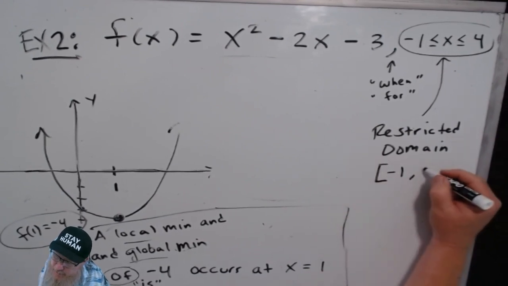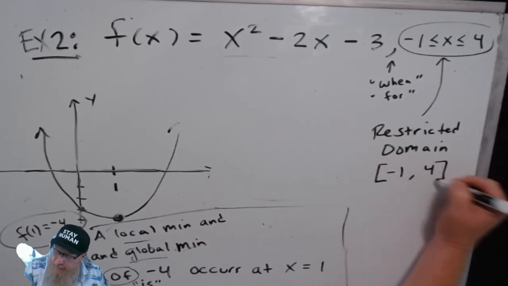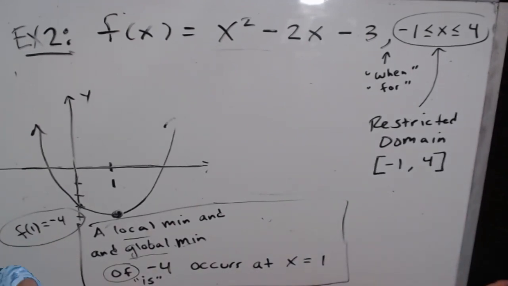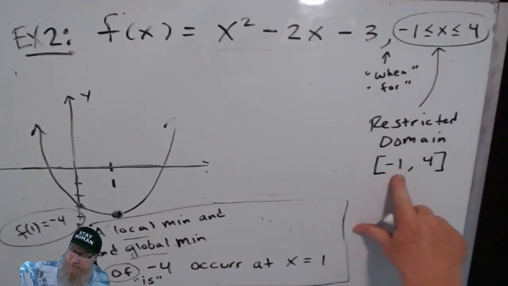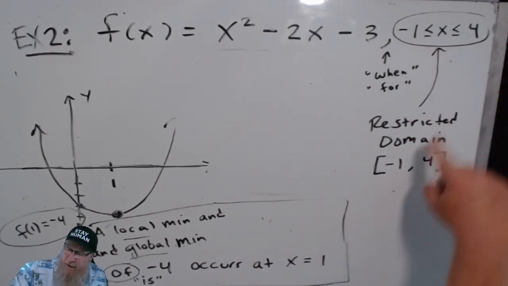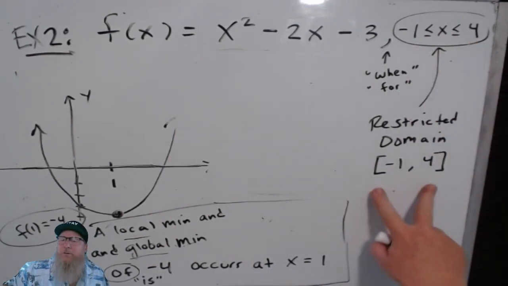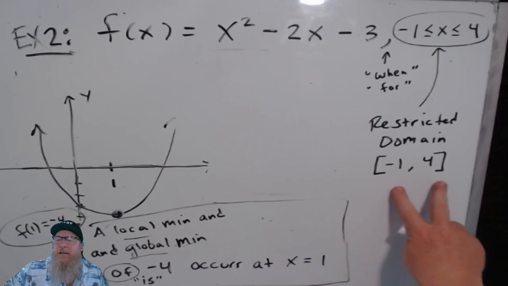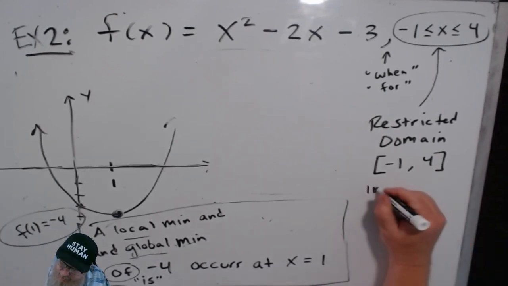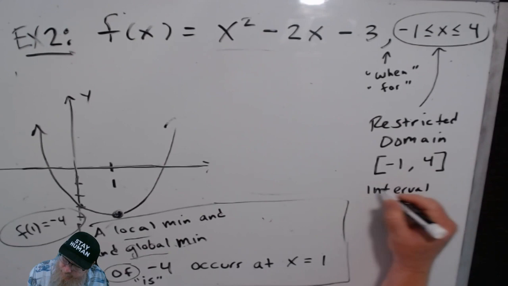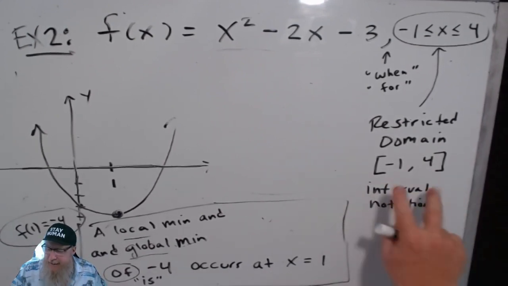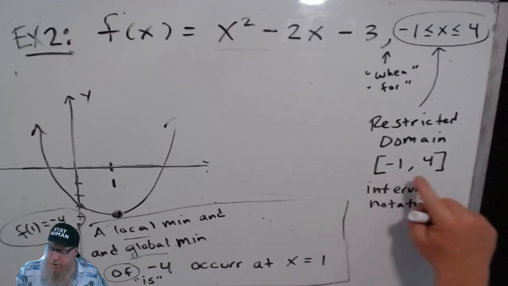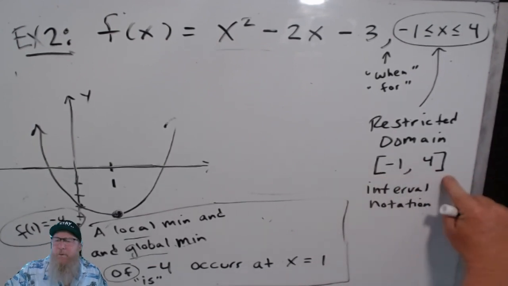And we usually use square brackets for less than or equal to or greater than or equal to. So we have x is greater than or equal to -1 and less than or equal to 4. So the restricted domain in interval notation is square bracket -1 comma 4 with another square bracket.